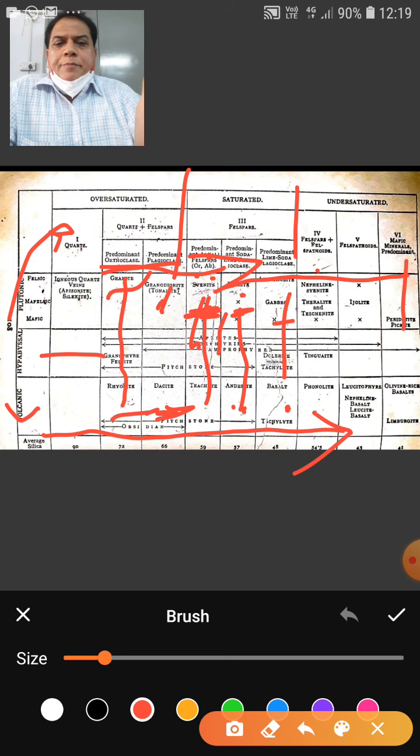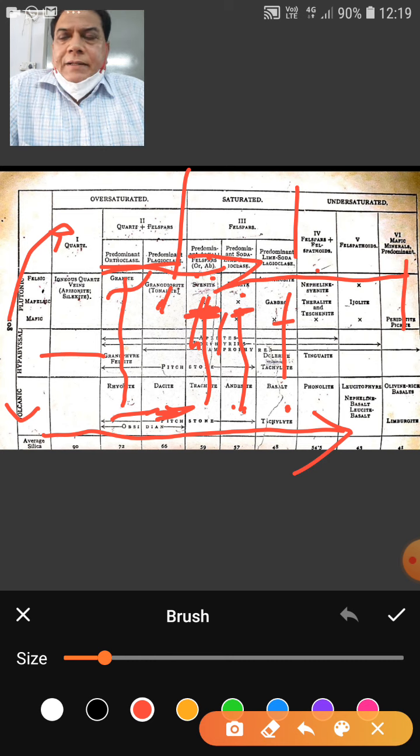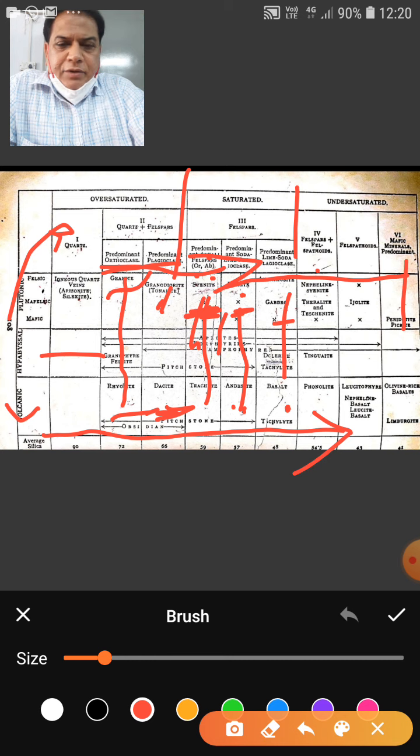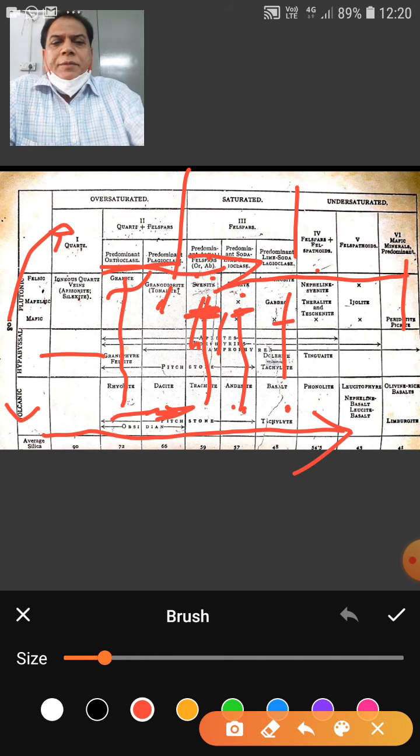As far as we know, in a rock, quartz and nepheline or say feldspathoid never occur together. So there cannot be a combination of feldspathoid and quartz. This side, secondly, the silica content decreases, so the question of formation of quartz as mineral doesn't arise.